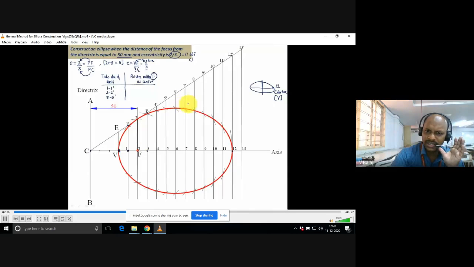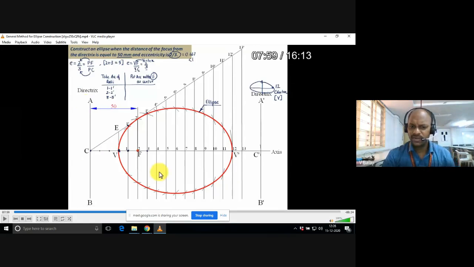So I will explain everything in the next class. And there are two vertices. One is here, the other one is here. One focus here. Okay, there is one more focus he can place. One directrix, other directrix. So many things are there. We will discuss terminology.